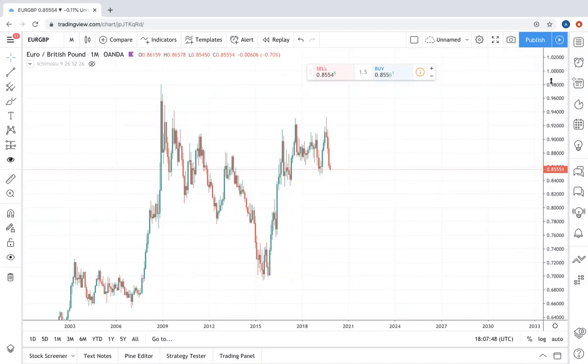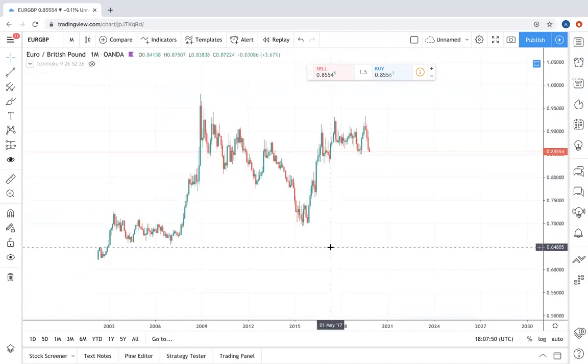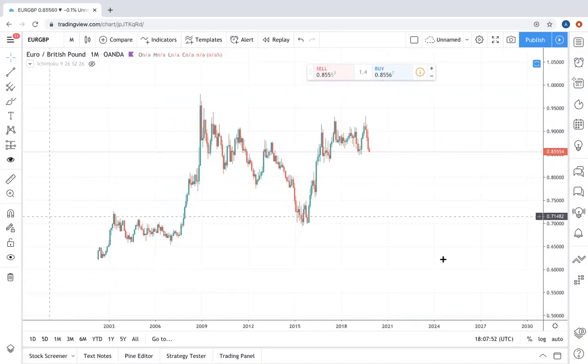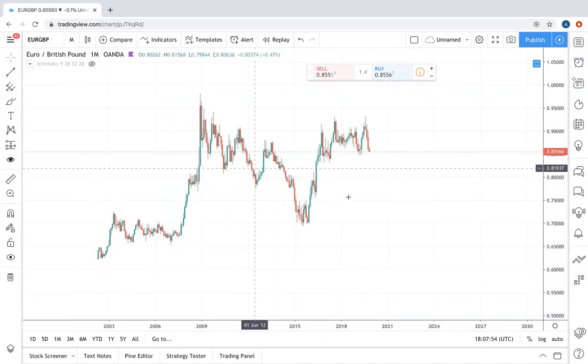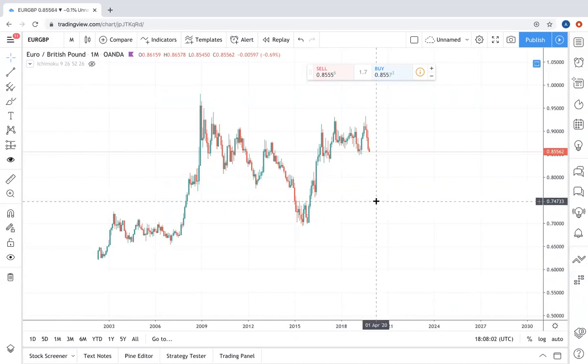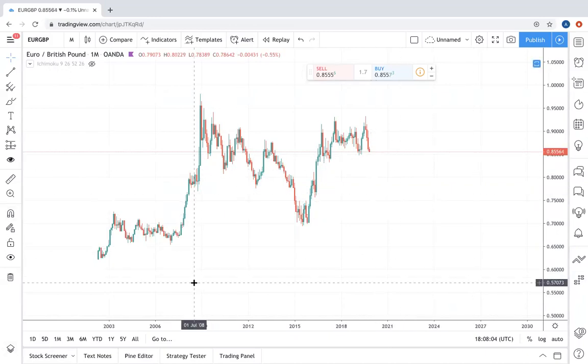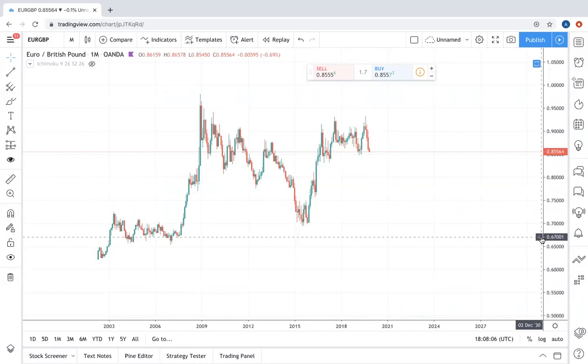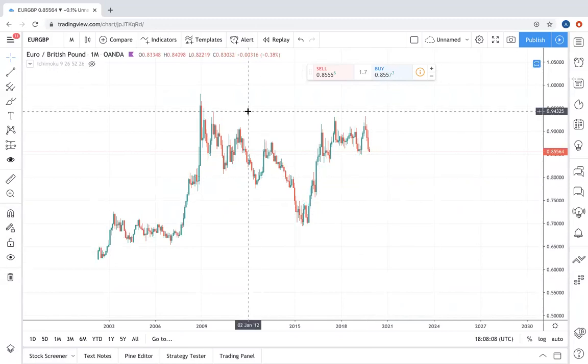So for Euro GBP, I immediately went to my highest time frame, the monthly. You see how in the monthly you can see everything. This is all of Euro GBP, period. This is price action on Euro GBP from 2003 to the current. And I like to see everything. I can't stress that enough. I want to know exactly where we at. When you get to the lower time frames, there's a lot of noise, so it could be misread.